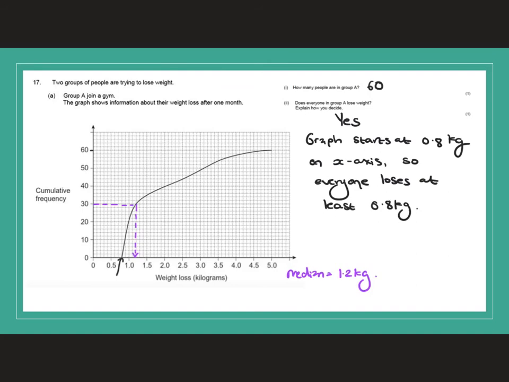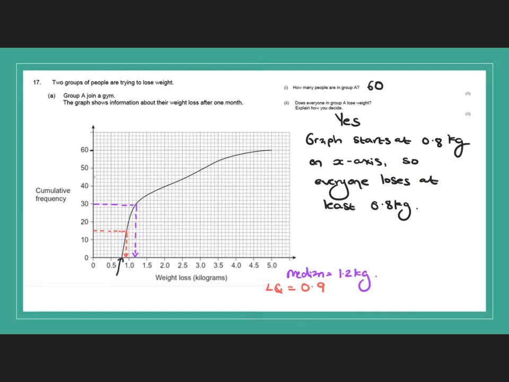We're also going to need later on the interquartile range for Group A. So let's find the lower quartile, which is the 15th value, which is approximately here. I'll scroll down to there, and that gives me a value of about 0.9 or maybe 0.95.